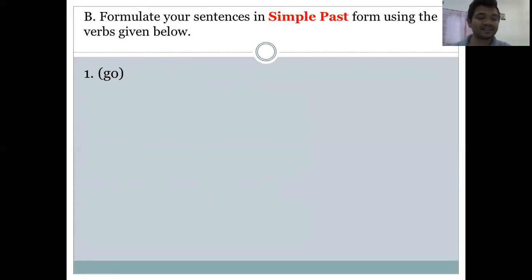Go. Can you make a sentence using the verb go in simple past form? Now, all you have to do first is change this verb here into simple past. So what is the simple past form of go? Number one, go. 5 seconds, please. Make your sentence, either negative or positive.